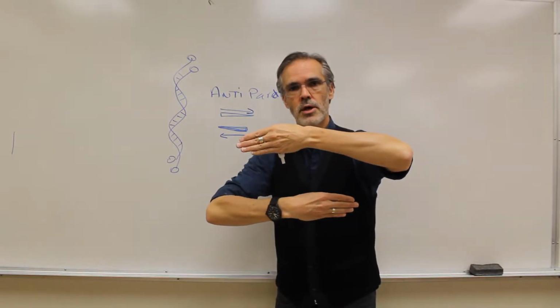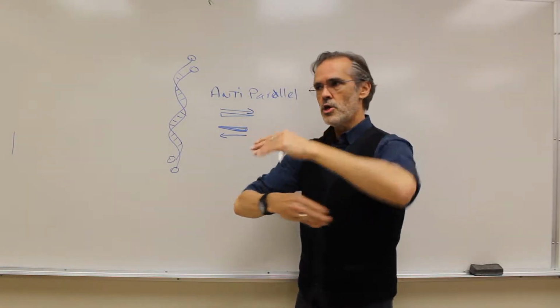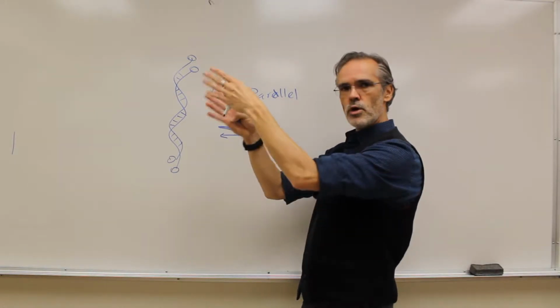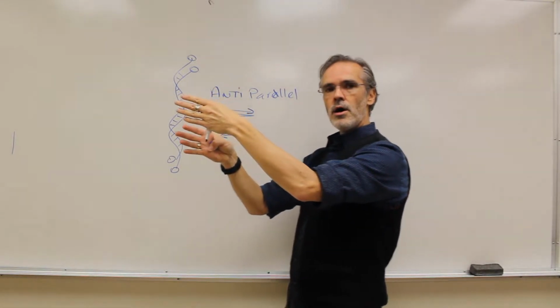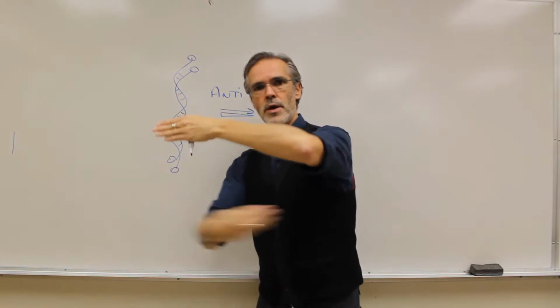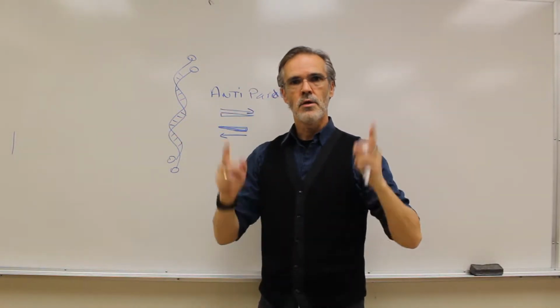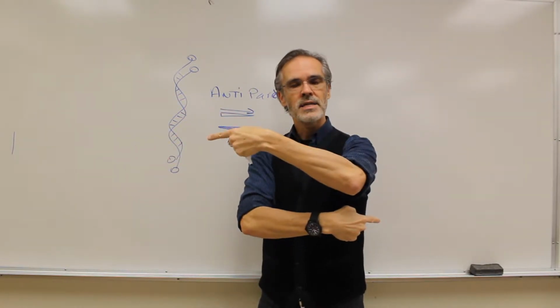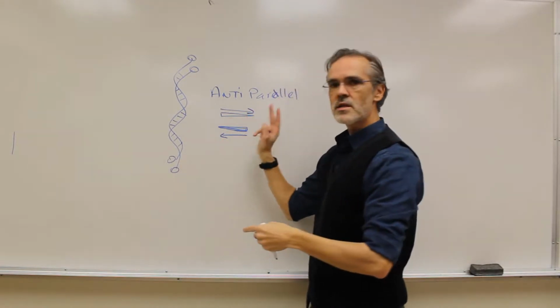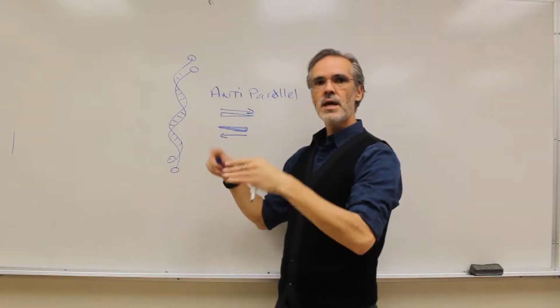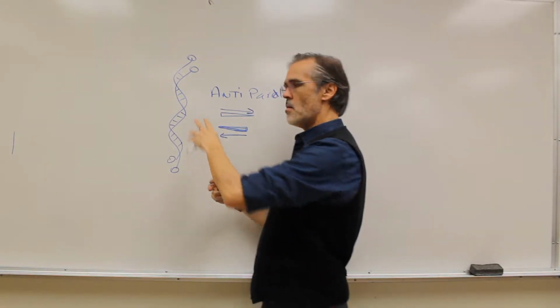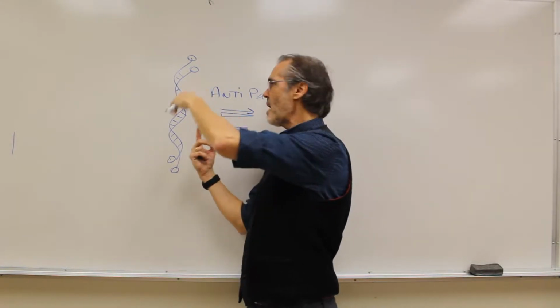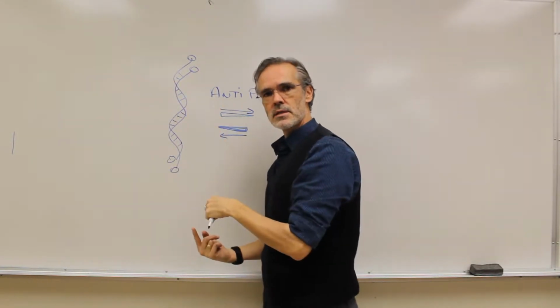It's as if you were on a road looking in one direction, and on the other side of the road, people are going in the opposite direction. The road is parallel, but the direction is anti-parallel. So this is what DNA is: an anti-parallel molecule that happens to be a double helix.